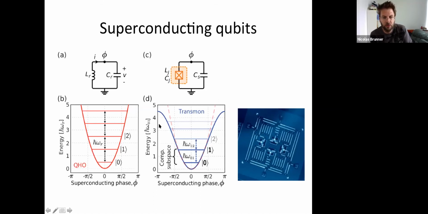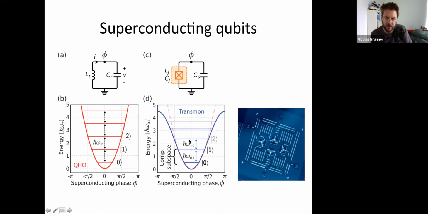So then what you need to do is make a perturbation to your harmonic oscillator to make it anharmonic. This is what you do here by adding this element, which is a Josephson junction, I think. And so you see that your harmonic potential is now changed. Now the frequency between the first two energy levels is no longer the same as between these two here.